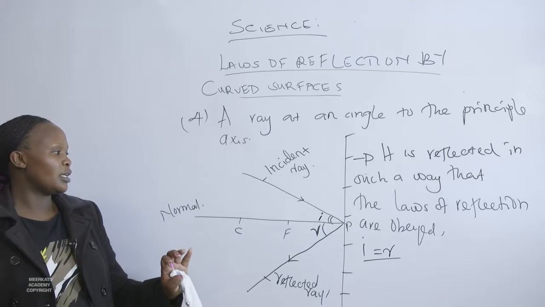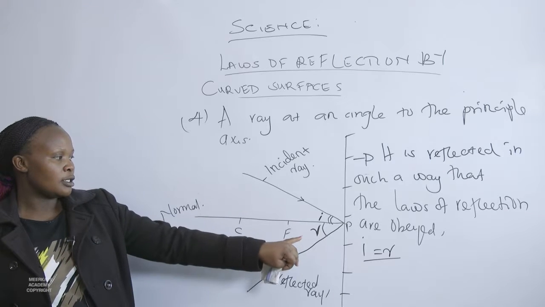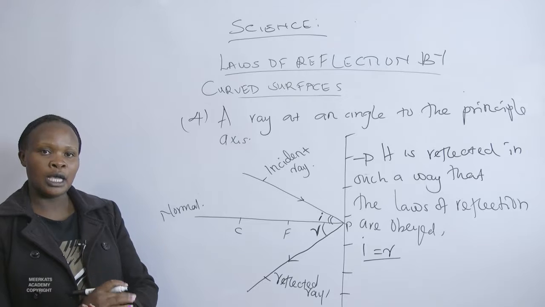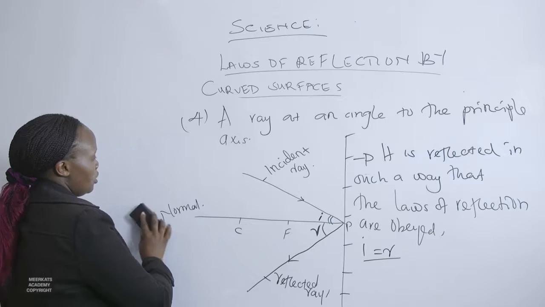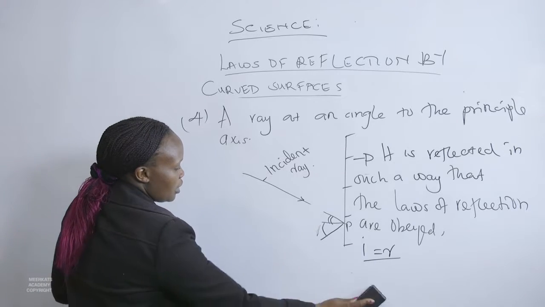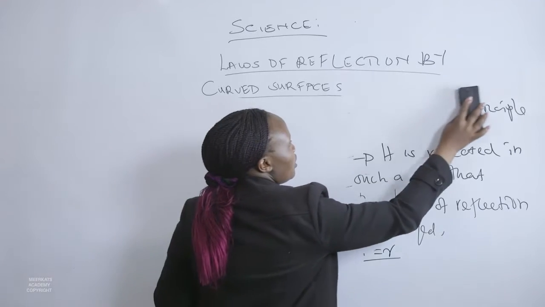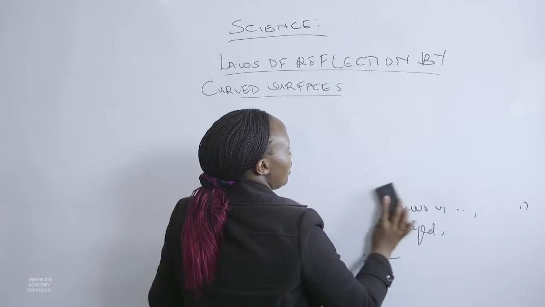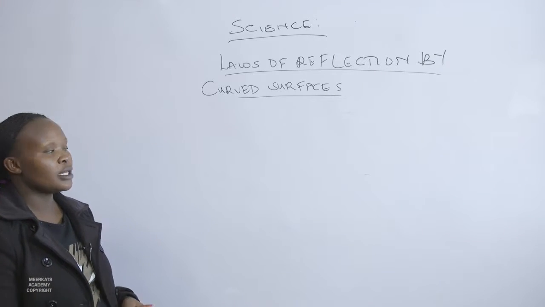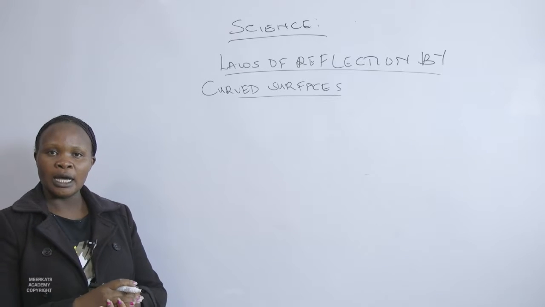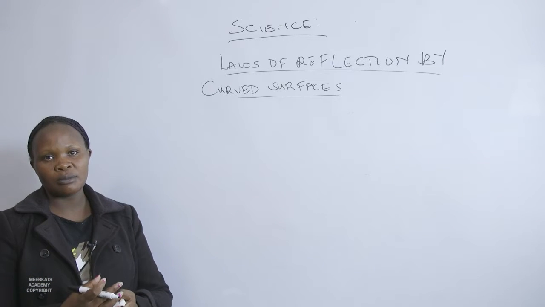In this case, we take our reflecting surface to be the plane, so that now we have the incident ray, the normal, and the reflected ray all on the same plane. So our ray is reflected in such a way that the angle of incidence and the angle of reflection are actually equal. Basically, those are the laws that we have in as far as reflection by plane or by curved surfaces is concerned. We have looked at four rays: a ray through C, which is reflected along the same path.